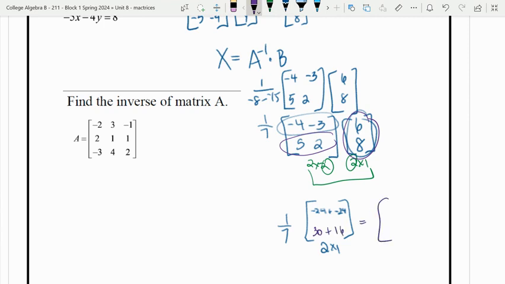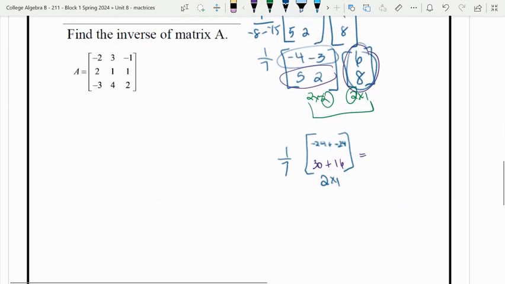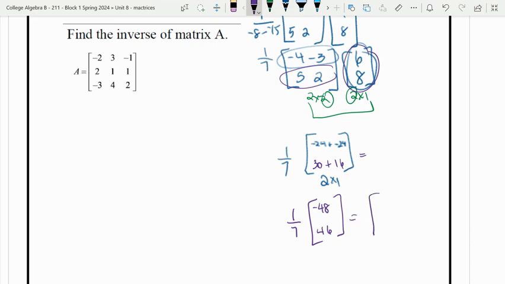Finish this out, I'd have 1/7 on the outside. That gives me -48. This is 46. So my final answer is -48 over 7 and 46 over 7. And that's my solution.